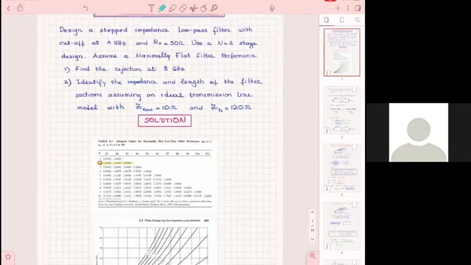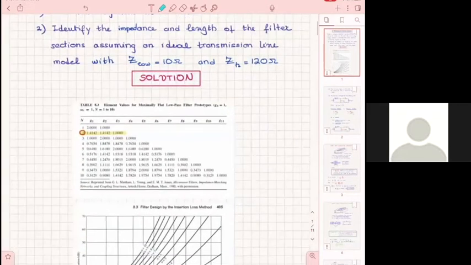Now, we start with the two figures. One is a table that says element values, table 8.3. And from there, you find the n equals 2 row.